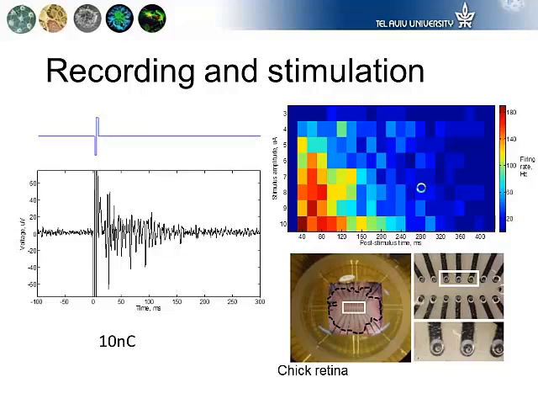You run stimulation on one of these electrodes, and you can use nearby electrodes to see whether you have an electrical response. And this is the kind of testing you do to validate that these things actually work, both for recording the electrical activity, where you see a fairly high, nice signal-to-noise ratio, but also being able to do stimulation at low thresholds.